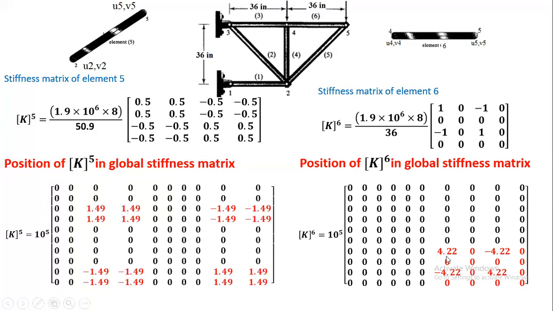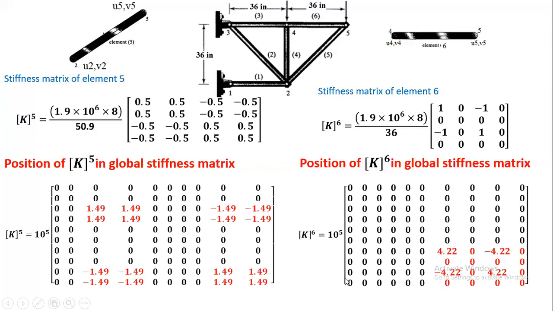So all terms corresponding to 7 to 10, that is 7 7, 7 8, 7 9, 7 10, 8 7, 8 8, 8 9, 8 10, 9 7, 9 8, 9 9, 9 10, 10 7, 10 8, 10 9, 10 10. All these terms are non-zero.